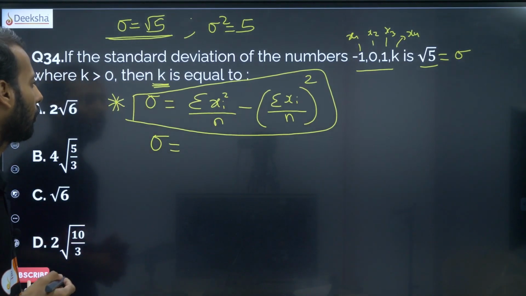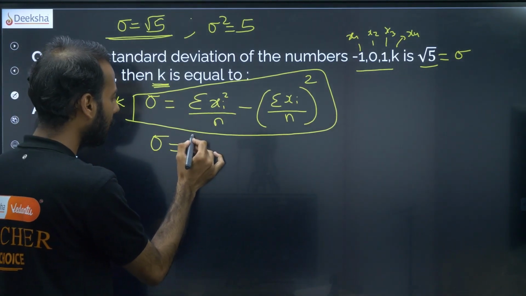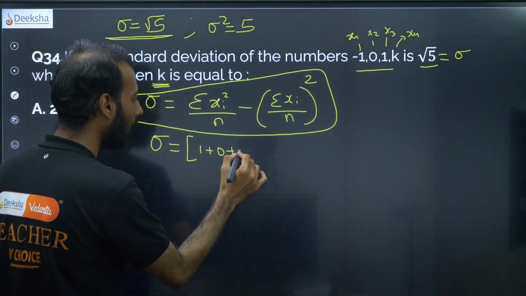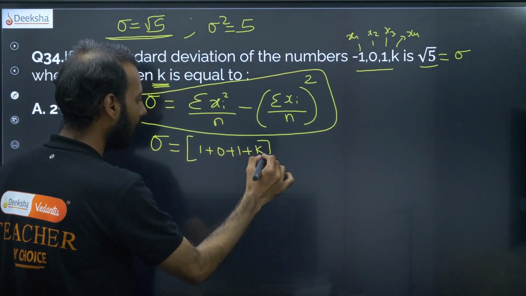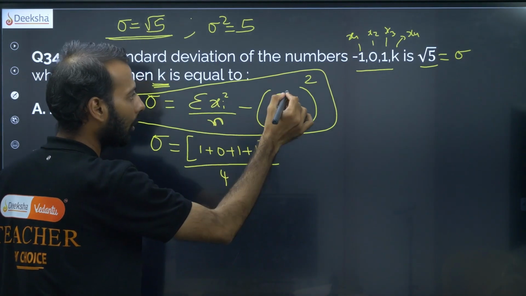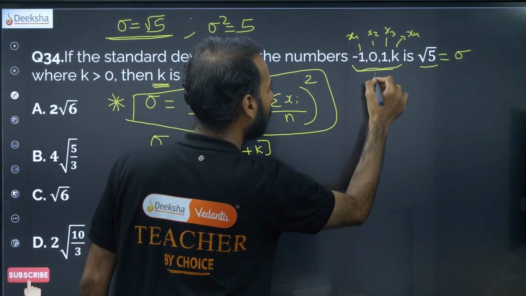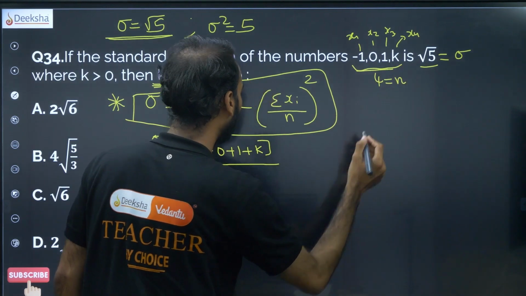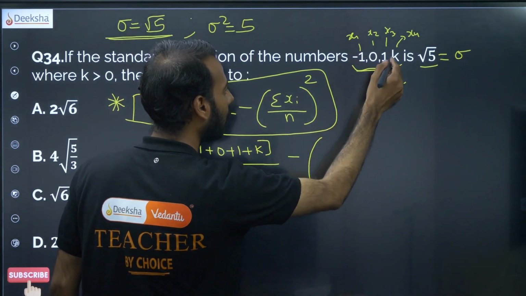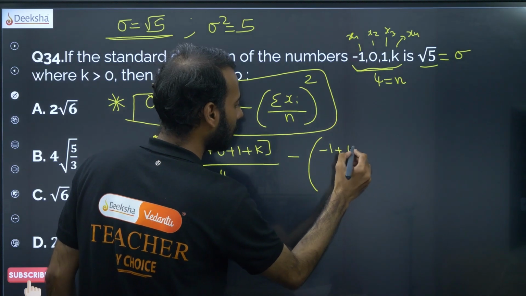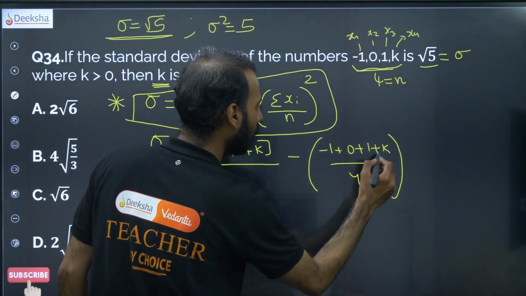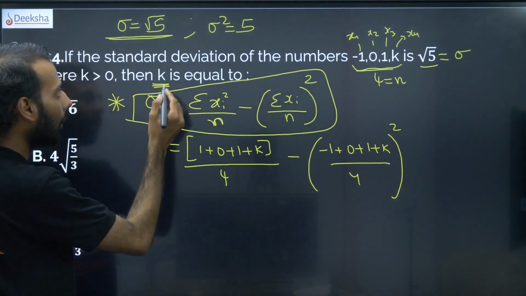So sigma is equal to summation. Summation means addition of 1, 0, 1 plus k divided by n. N is 4, so 4 terms are there. You count how many terms are there. These are 4 terms, so n is equal to 4, minus summation of xi. You add all this: minus 1 plus 0 plus 1 plus k by 4, whole square.